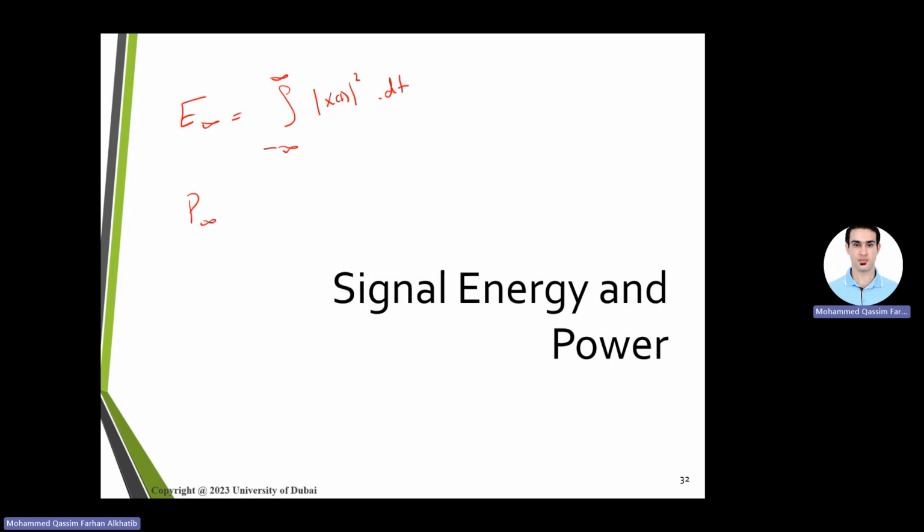And the power: limit as t approaches infinity, 1 over t, integration from negative t over 2 to t over 2, same expression, x of t squared dt, right? You studied for the quiz, so you should remember what that is. Anyways, that's in continuous domain.